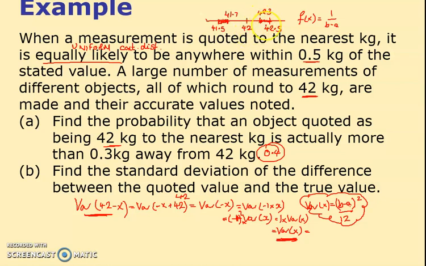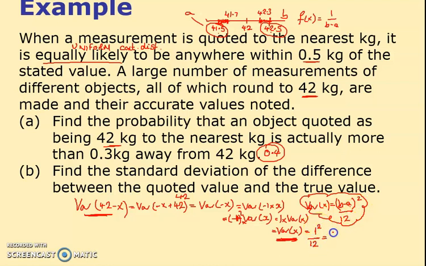Don't forget, when I talked about this earlier on, this is my b value, and this is my a value. So what I'm really doing is 42.5 minus 41.5. In this particular case, that has a difference of 1. And I square it, and I divide by 12.